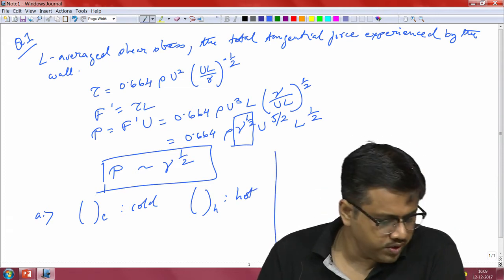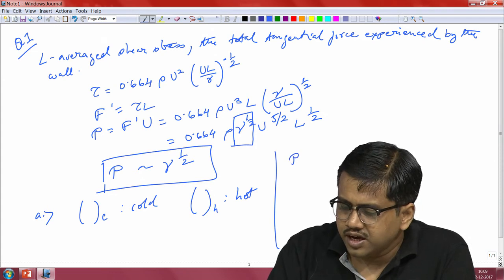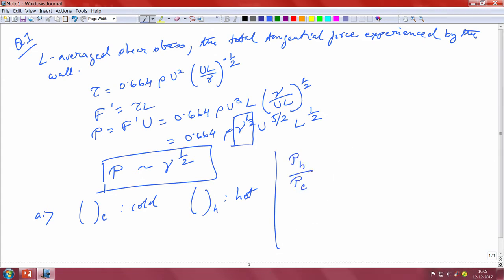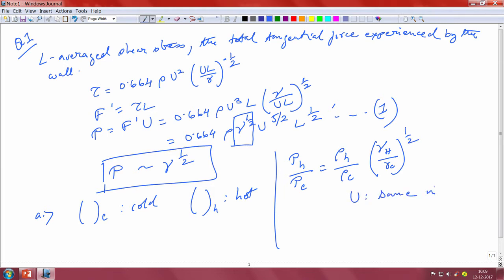If you take the ratio of the power between Ph and Pc, let us call this expression 1, you will get rho h by rho c, because the velocity is still the same, times gamma h by gamma c raised to the power of half. U is the same in both cases.